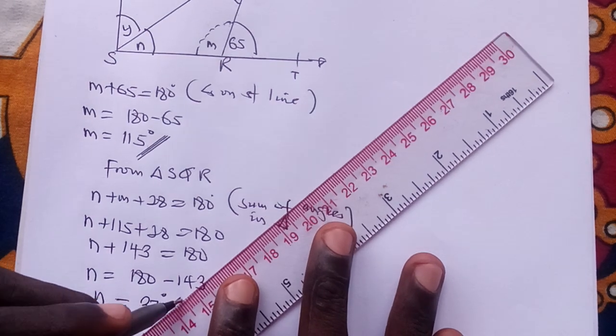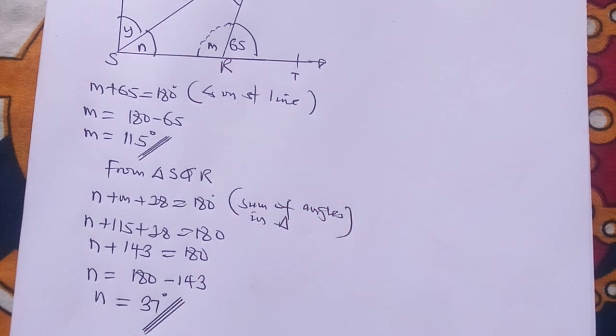So this is the value of n that you have. But remember, we are not asked to find m and n. This is just a way for us to get x and y.